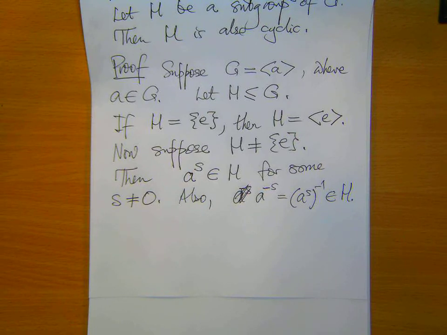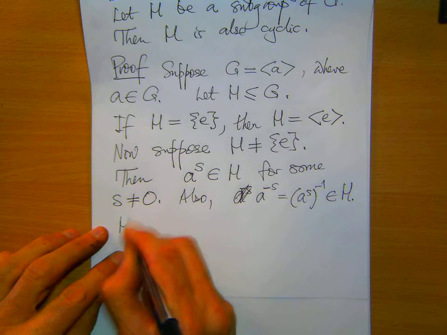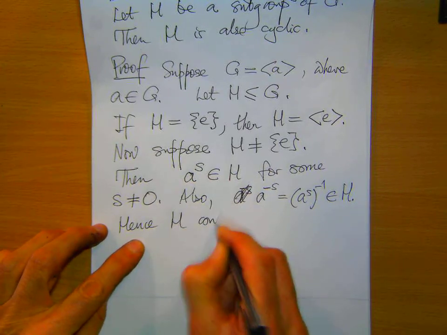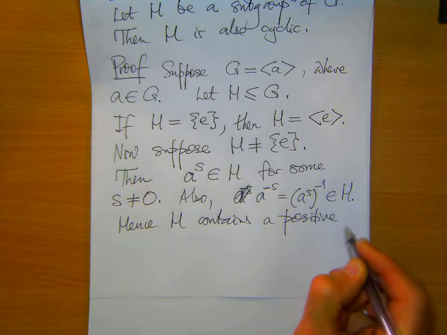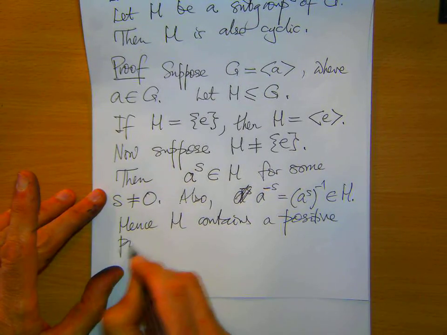That's part of the subgroup criterion, which is A to the minus S. And the reason I've written this down is I want to find a positive power, but since S is non-zero, either S or minus S will be positive. So S could have been minus 7, but that doesn't matter because then I could use A to the minus 7. So what this shows is that either A to the S or A to the minus S is a positive power of A.